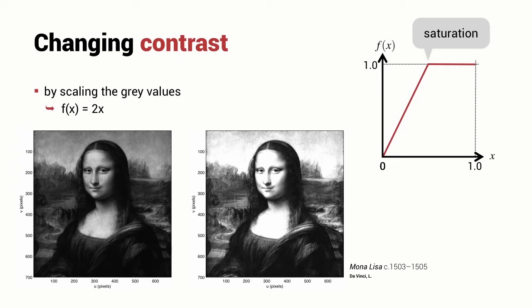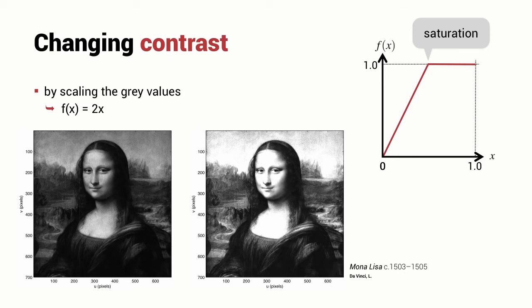This line now has got a steepness, a gradient of 2, and the saturation problem is more pronounced now. So there are a lot of values which, if we applied the function 2x, would have a value much greater than 1. We've had to limit those or saturate those to the maximum value of 1, which we have when we represent images in double precision numbers.